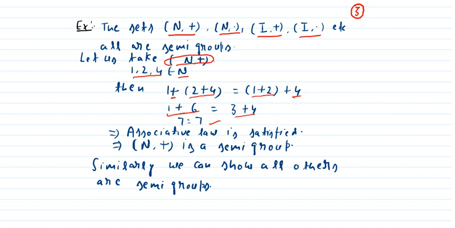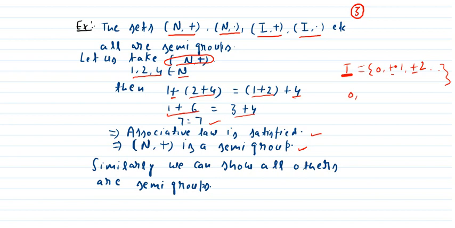In the same way, we can check it for the set of integers. Suppose I take the set of integers I equals 0, plus minus 1, plus minus 2, and so on. Now suppose I take three integers 0, 2 and minus 1.